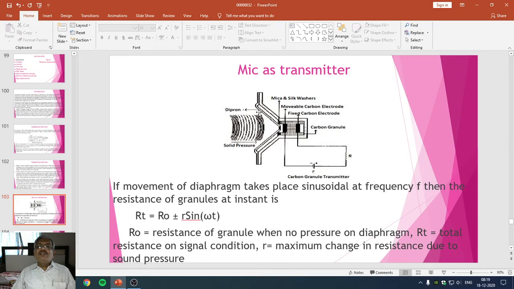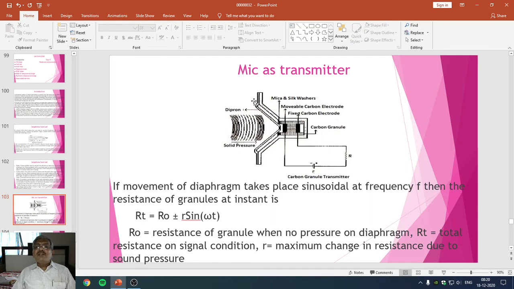Look at here, this is the diaphragm, the entire part. And friends, you have studied the diaphragm in the paper of instrumentation. A diaphragm is a force summing device that converts applied force into mechanical displacement. You are already well aware of this when you studied the topic of transducers in instrumentation.